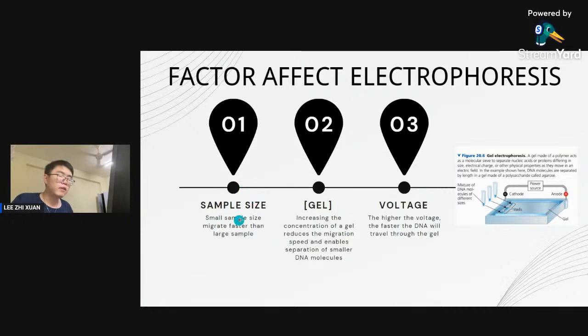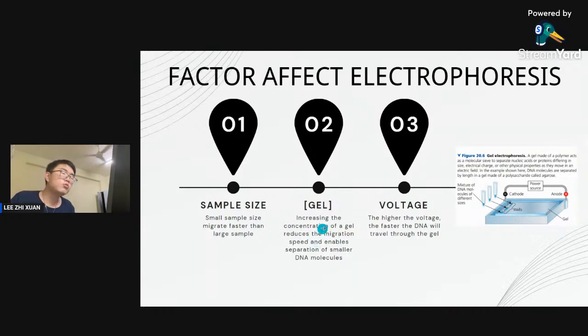So the small sample size will migrate faster than the larger sample, and if we increase the gel concentration, it will reduce the migration speed.